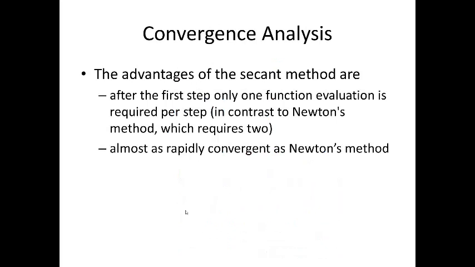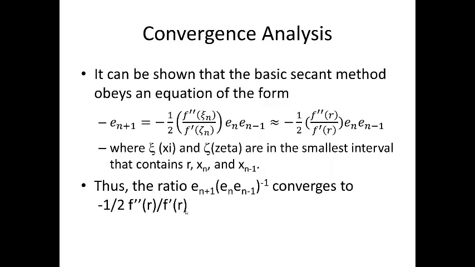A couple advantages to the secant method are: 1, after the first step, only 1 function evaluation is required per step. That's in contrast to Newton's method, which requires 2, and it's almost as rapidly convergent as Newton's method. In terms of convergence, it can be shown that the basic secant method obeys an equation of this form.